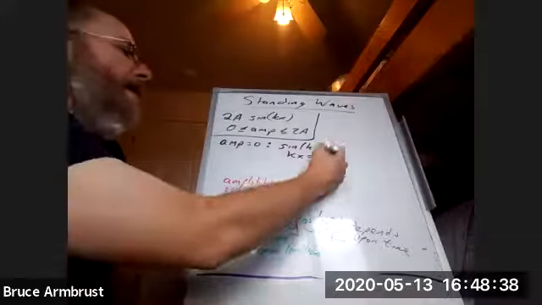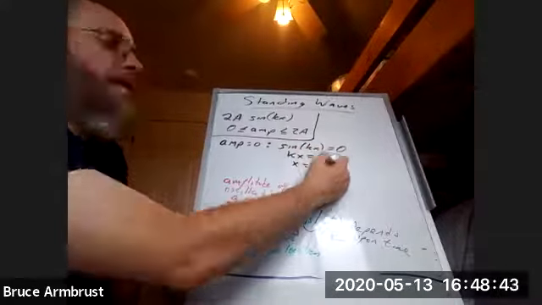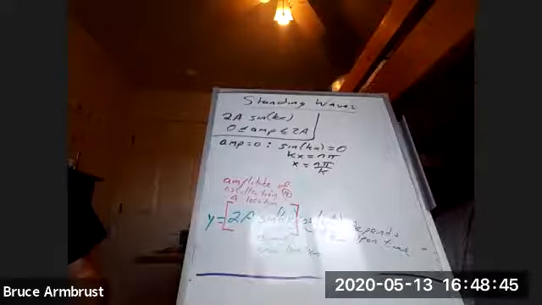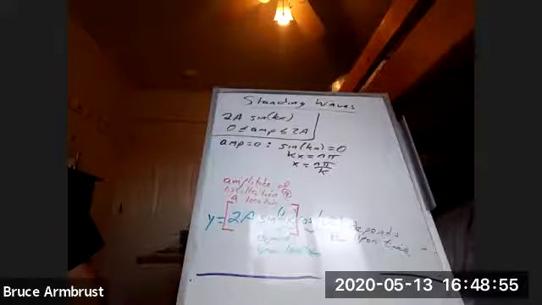And so from that, we get that x is equal to n pi over k. But we can go a little bit further. k has to do with the wavelength. It's 2 pi over lambda.